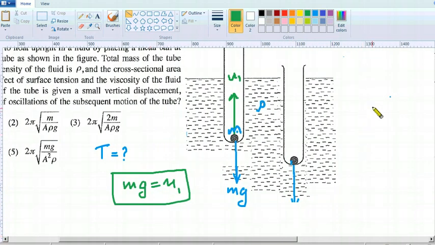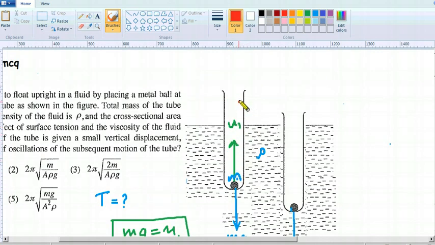So children, now we have to consider the center of gravity. If I marked the center of gravity at the center point of this tube, is it correct? No, it is not correct, because the weight of this half of the tube is greater than the weight of the other half, because there is a metal ball.